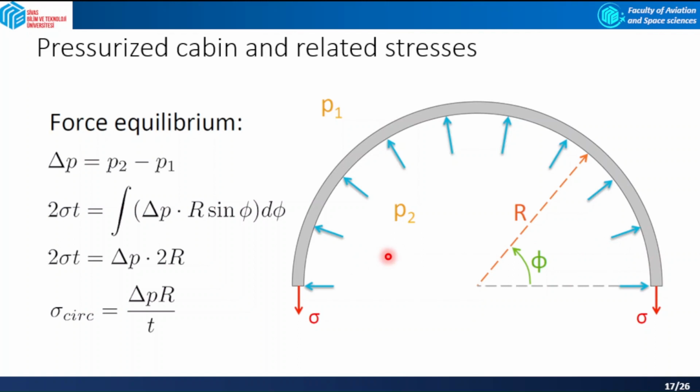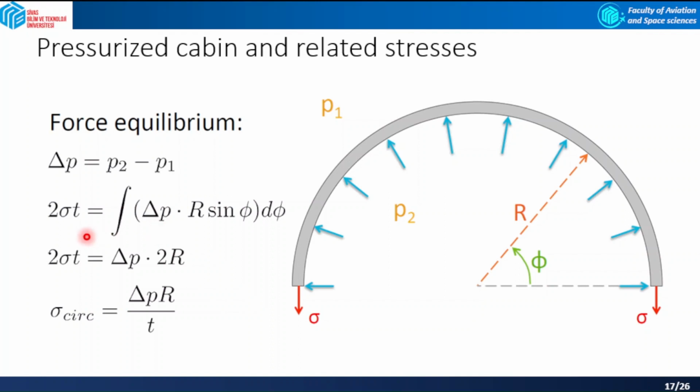So in this scenario, twice the hoop stress, 2 times sigma times the thickness, should be equal to the integral of the pressure difference over the half cylinder.